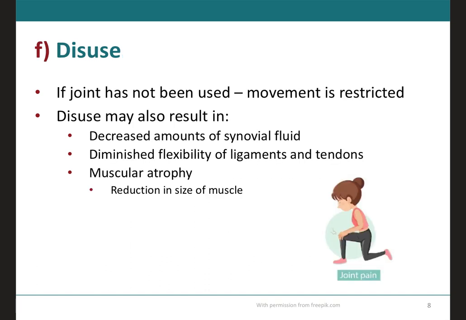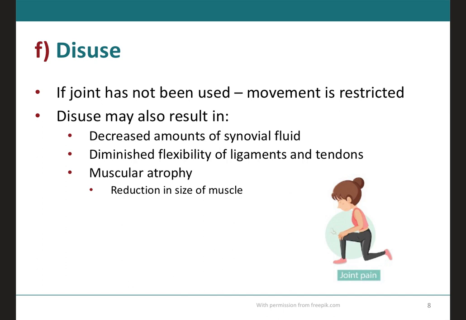Movement of a joint may be restricted if a joint has not been used for an extended period of time. For example, if an elbow joint is immobilized by a cast, then the range of motion at this joint may be limited for a time after the cast is removed.